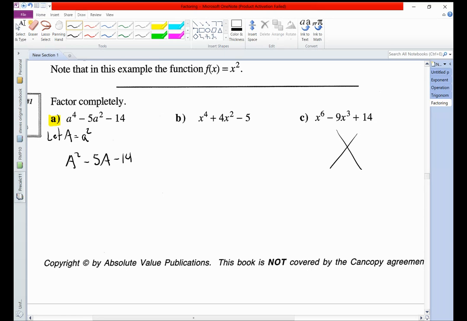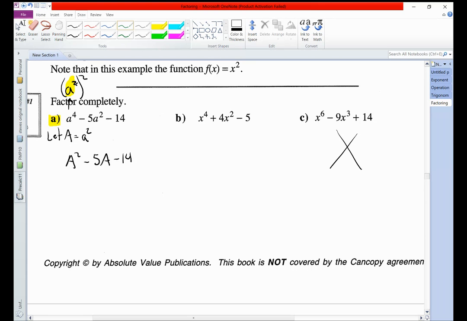Hopefully that makes sense. This a to the power of 4 got rewritten as a squared to the power of 2. So then I change this part into a capital A, and then it makes A squared. And now we can factor by inspection.